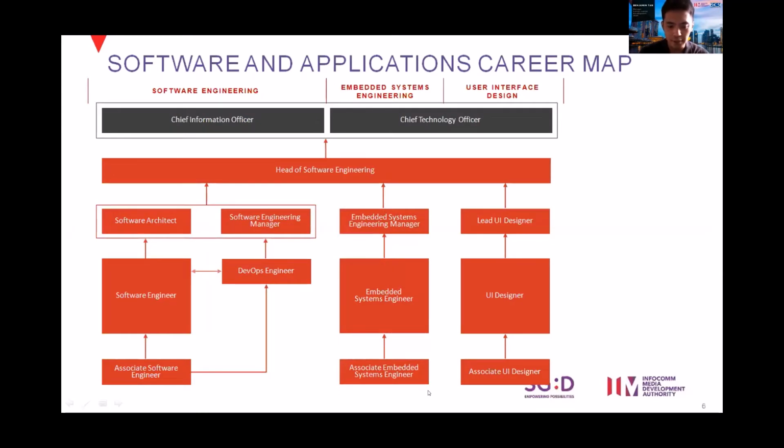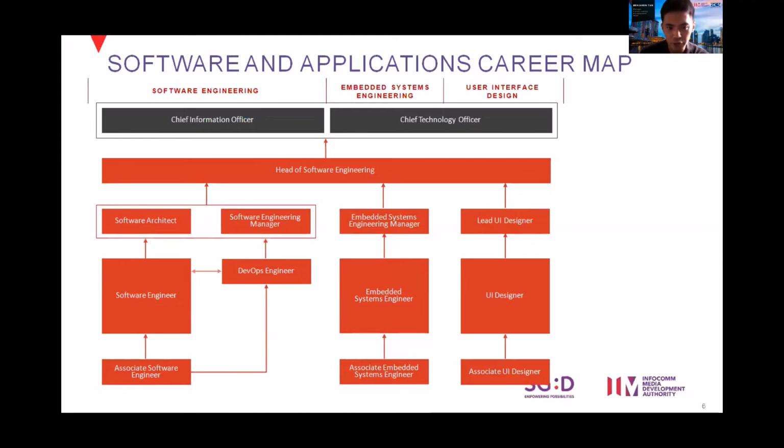Just to give an illustration of what all this means, this is an example of the software and applications job cluster. You can see that there are 3 job functions here: software engineering, embedded systems engineering, as well as UI design. Say I start off as an associate software engineer, under the bottom left corner. I can progress vertically upwards into a software engineer and subsequently to either a software architect or a software engineering manager.